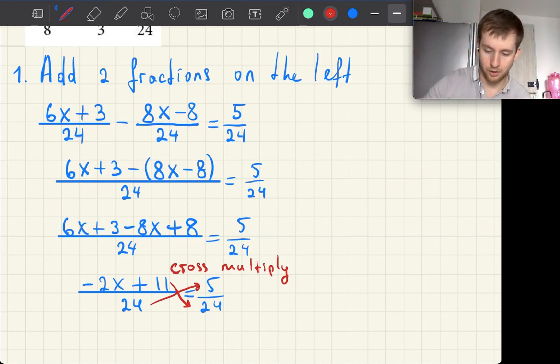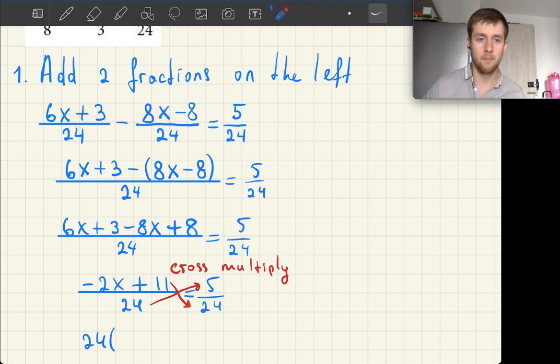That's basically how it works. Remember, we can only do this when we have one fraction. We cannot do it with two fractions on one side. We have to add them together into one fraction first. So we multiply these two together and these two together.